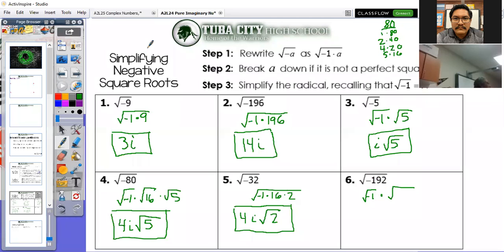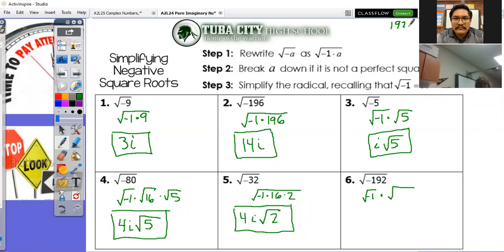So what numbers can I multiply to get 192? You can always break it down into factors, so I'm going to factor it out. Let's see, what is half of 192?